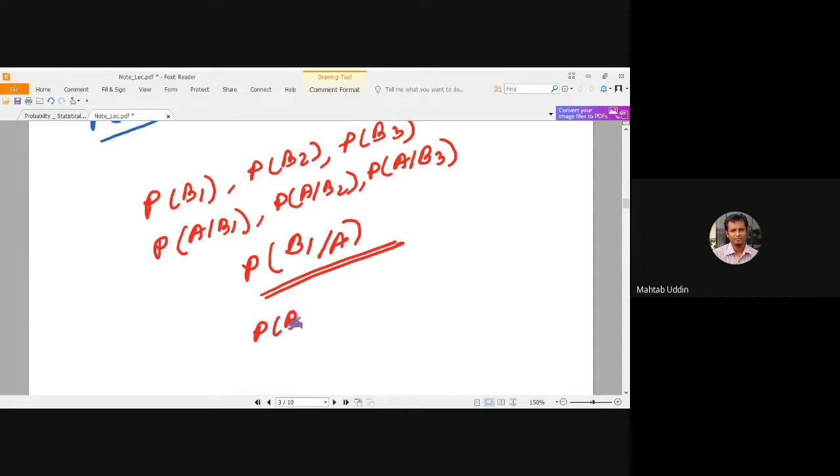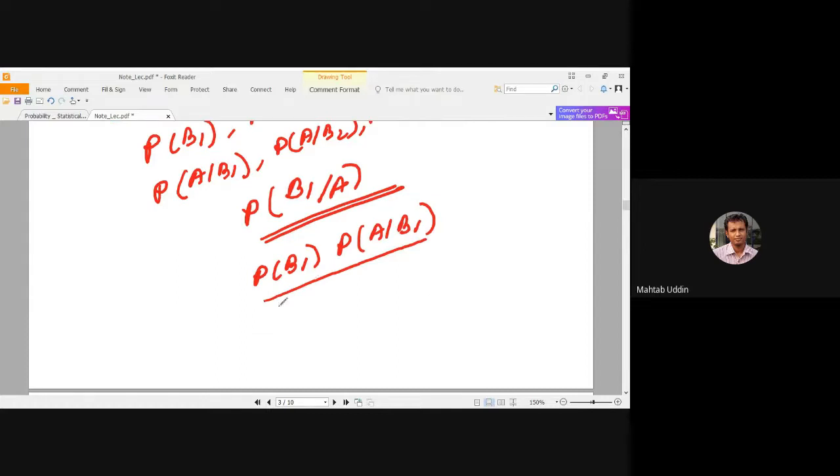Selecting Asif, then breaking the glass. This is plus the breaking of the glass with Asif. Similarly, his friends, right? Do you understand?